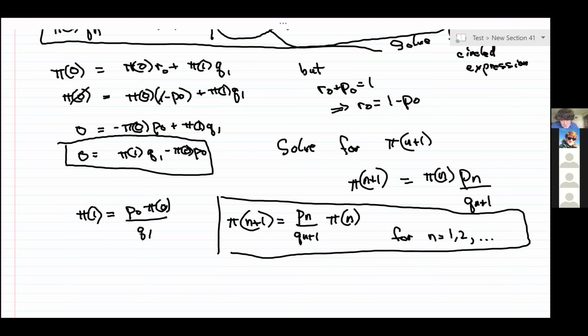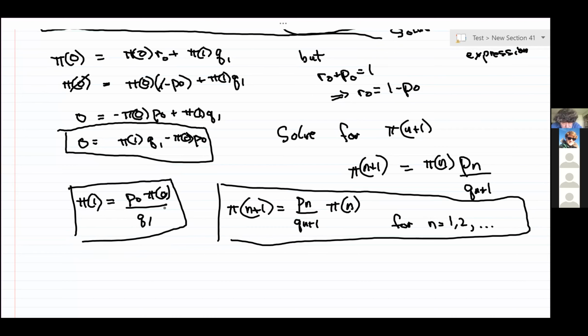Okay, so when we start with 1 here, the smallest value would be pi 2. But we actually have the result even for pi 1 from this equation. So these two together tell us a lot. How does it tell us a lot? We're almost done.